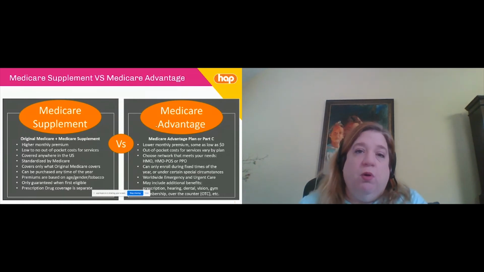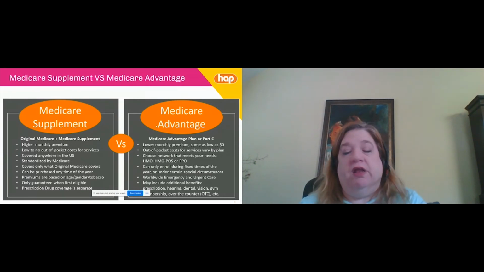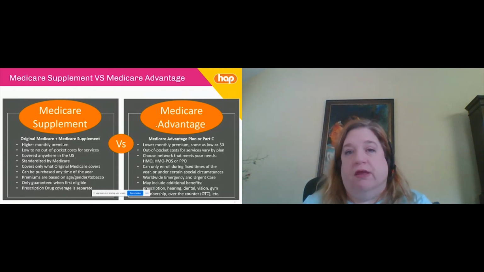They also tell us what, if any, out-of-pocket responsibility you as the beneficiary would have when you have one of these plans. These plans are called Plan and a letter. So Plans G, D, and N, for example, are the most popular plans right now. So if you hear someone say that they have Plan G, you know that they have a Medicare supplement plan.